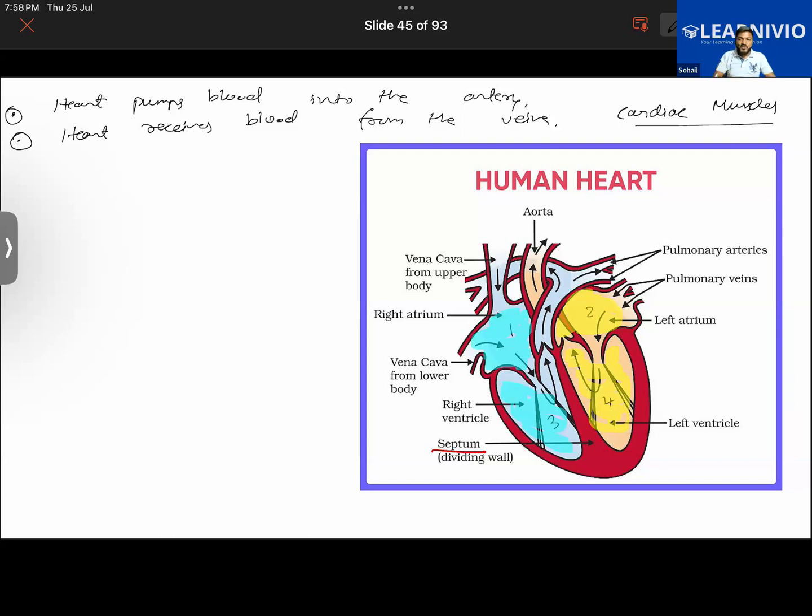Some organisms, like some amphibians or a crocodile, which is a reptile, have three-chambered hearts. Most birds have four-chambered hearts. So it differs from organism to organism: some have two-chamber, three-chamber, while some have four-chamber hearts.